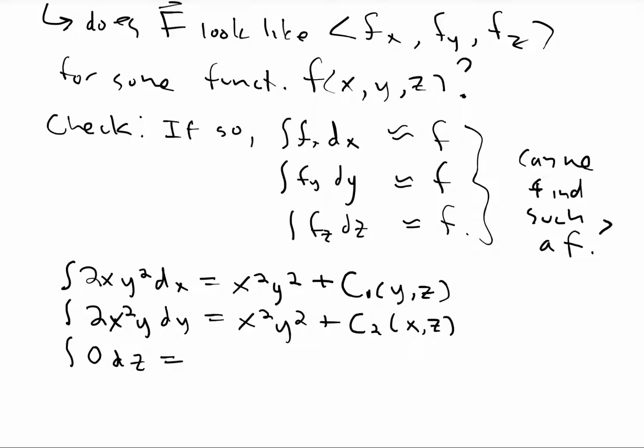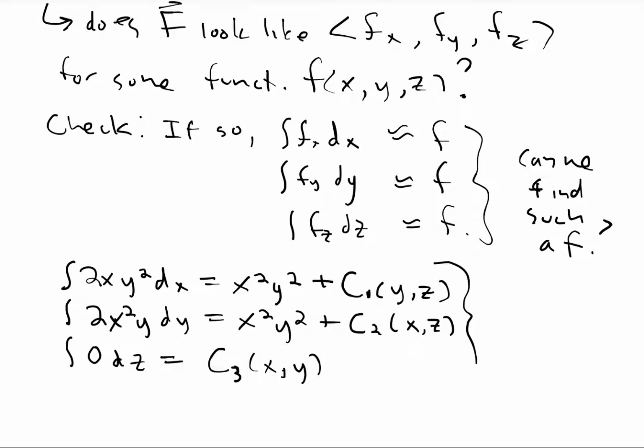What do you have to derive to get 0? A constant. But we're talking about in terms of z here. So what's a constant in terms of z? Well, basically anything that's going to look like it's written in terms of x and y. So I'm going to get these three awkward constant functions here.